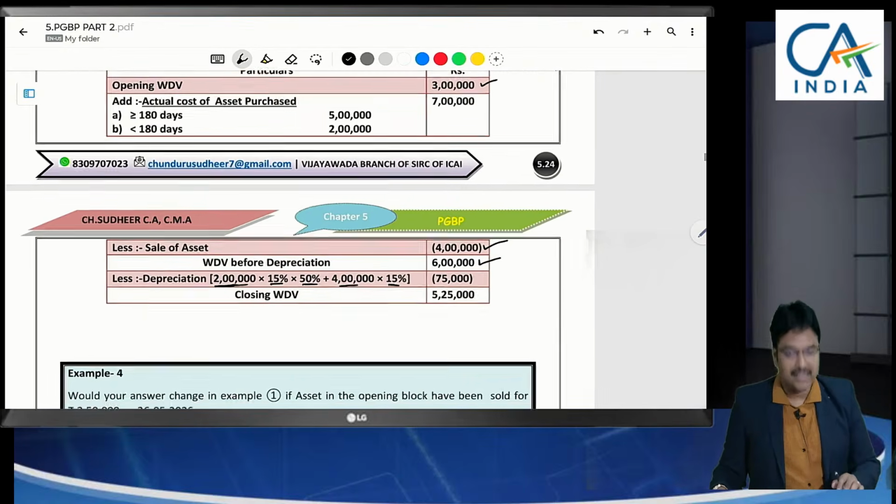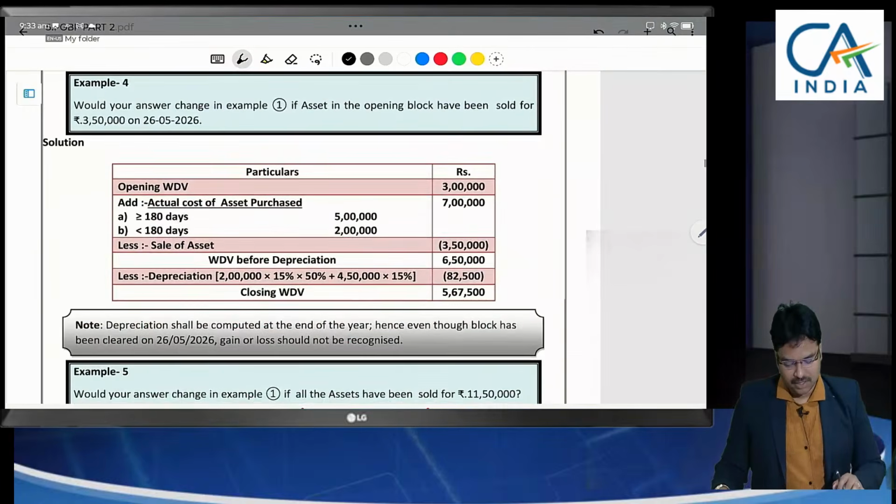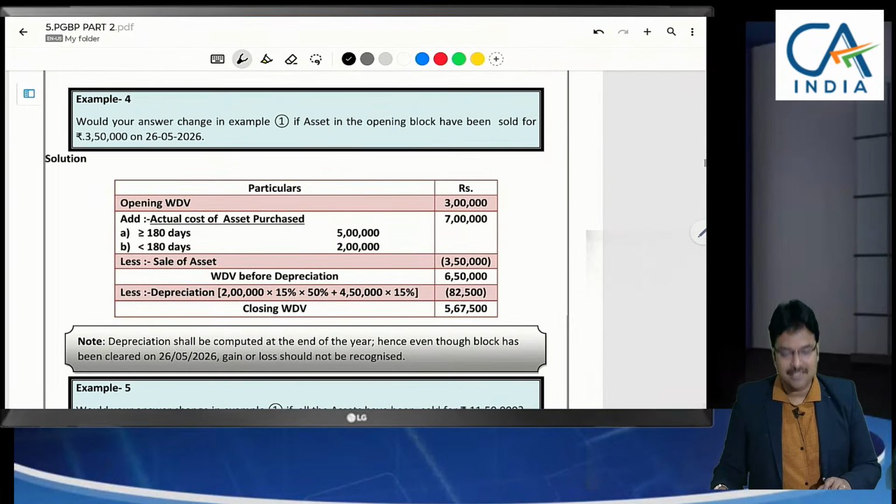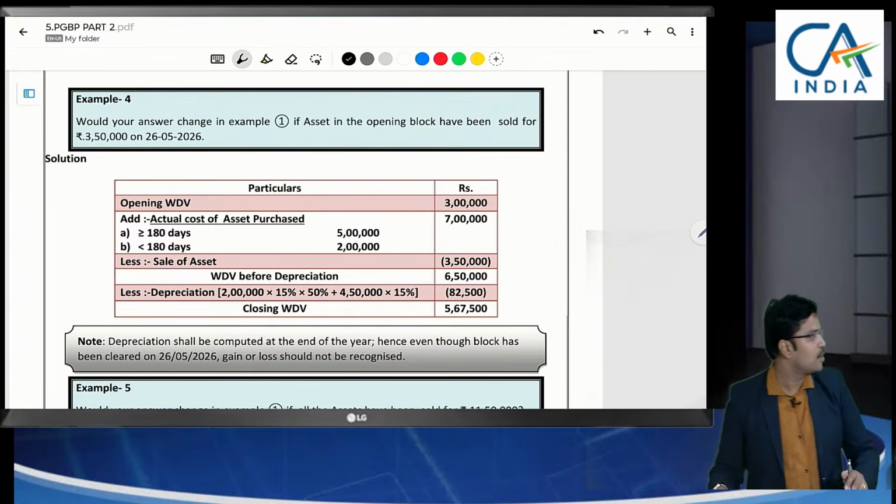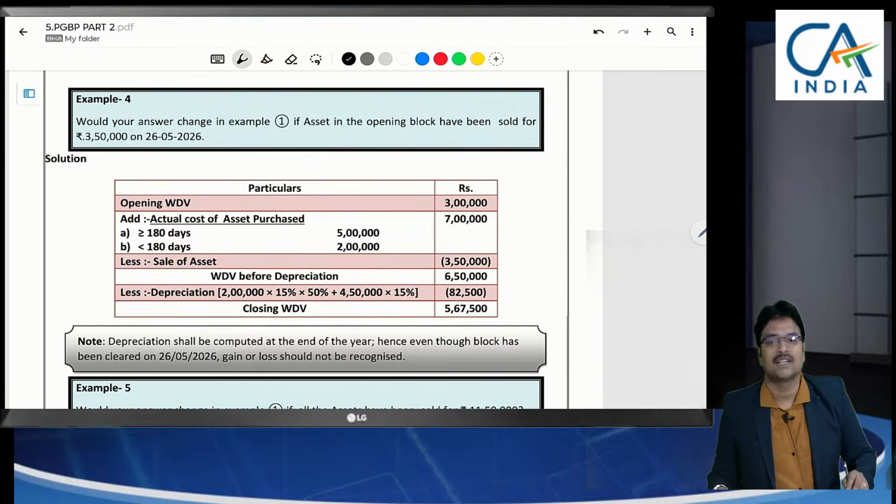On balance we can claim full depreciation. Sir, you have to remember the basic example we have discussed. In the opening block we have 2 assets, later we have purchased 1 asset which was put to use more than 180 days, and 1 asset which was put to use less than 180 days.